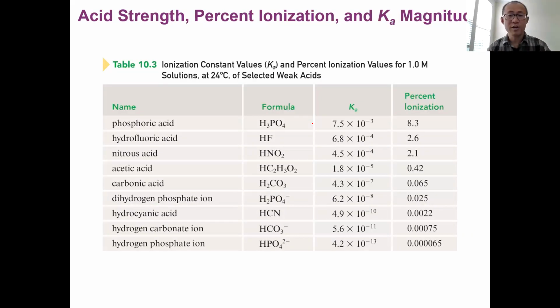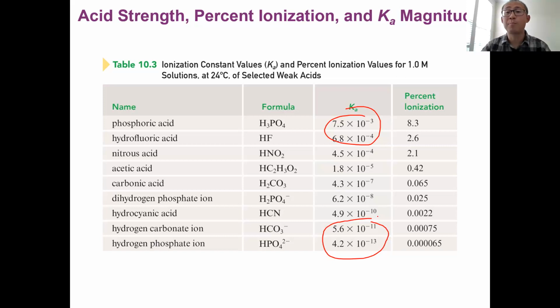Here in this table, not a complete table, but it lists some weak acids, and the Ka is listed as well. You can see the Ka is a relatively small number: 10 to minus 3, 10 to minus 4, 10 to minus 10, 10 to minus 13. Very, very small numbers. But higher Ka means the acids on the top are stronger. Smaller Ka, the acids are weaker, very weak.